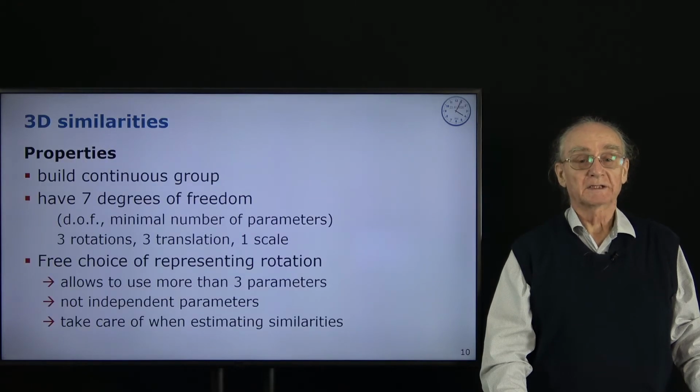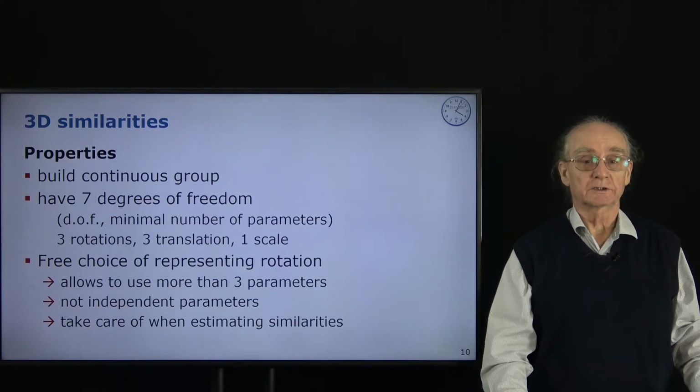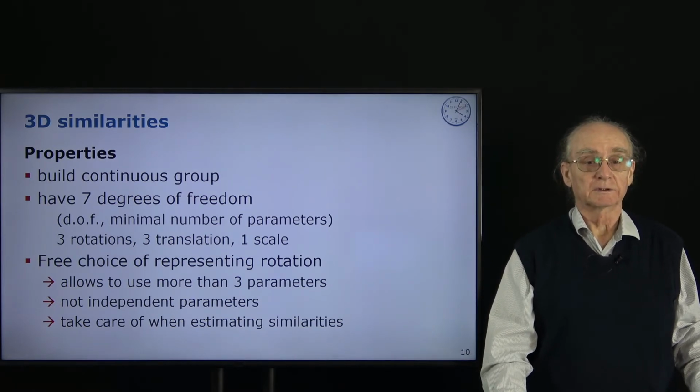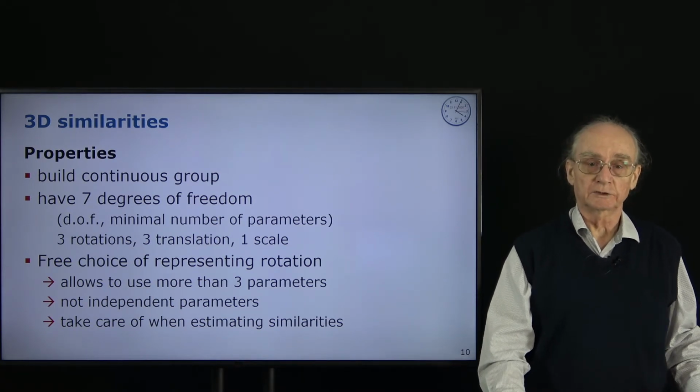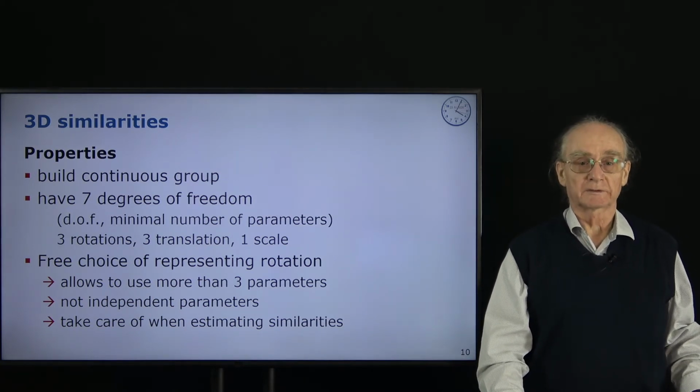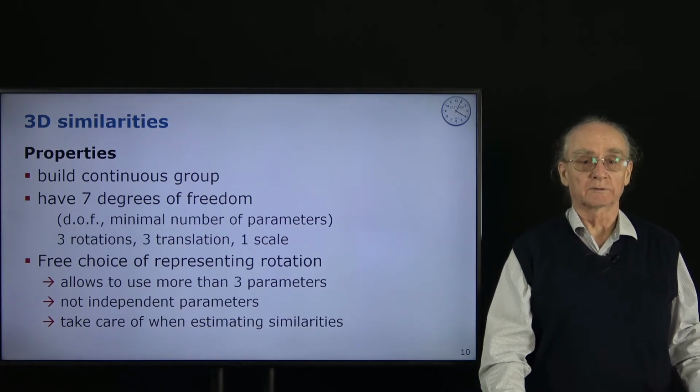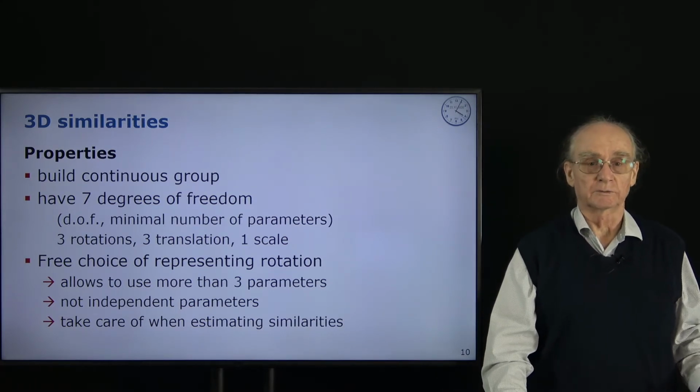Okay, that means we have a similar situation as in 2D. All similarities in 3D build a continuous group. It's a group property, so a concatenation of a similarity with another similarity gives a similarity. We have a zero element, that means the unit matrix, and we have an inverse element.